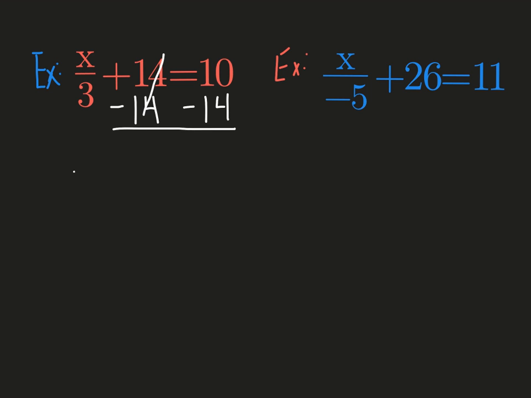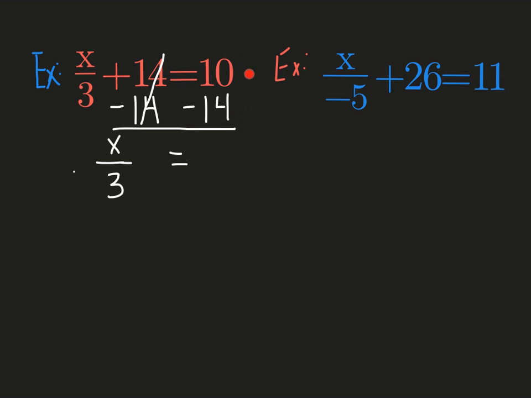Now, bring down the x over 3. And then now, this was a result of an addition problem, so I'm going to use my addition rules. Do I have like signs or unlike signs?